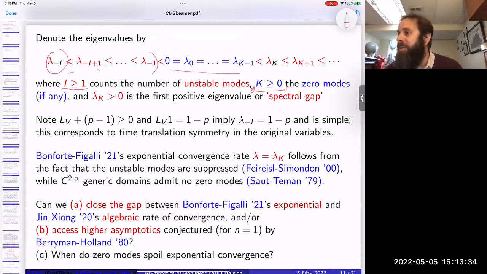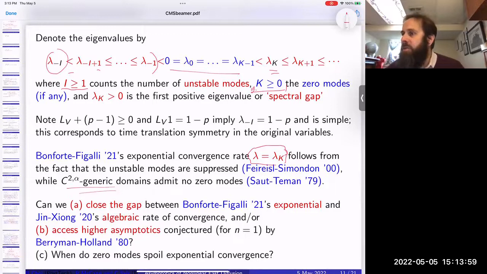There may or may not be zero modes, and the first non-zero mode will be lambda k. So it would be lambda 0 if there are no zero modes. It'll be lambda positive otherwise. In fact, lambda k, the first non-zero eigenvalue, is the exponential rate that Bonfort and Figali were able to show under this genericity condition on the domain.